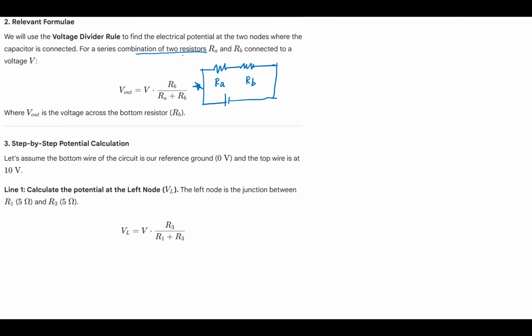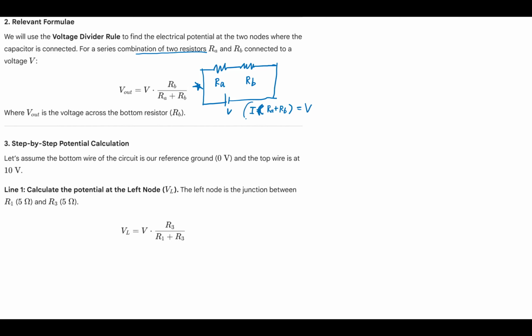And if we want to find the output voltage, note that I times RA plus RB equals V by Ohm's law, okay?